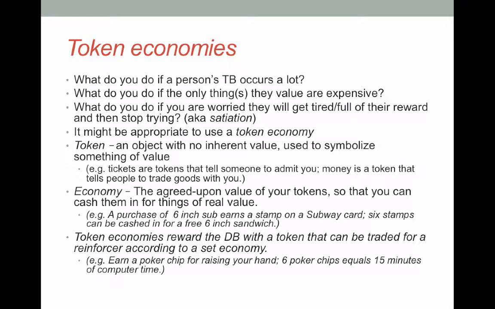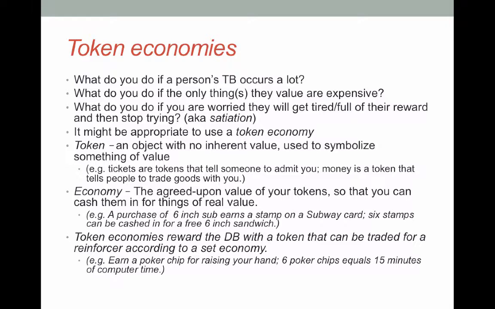Economy. An economy is an agreed upon value of tokens. When we talk about money, we all have a rough idea of how much it costs, for example, to see a movie or take a bus. And we would probably not want to spend our money if a person tried to charge us more than that. We might be really quick to spend our money if they charged us less.